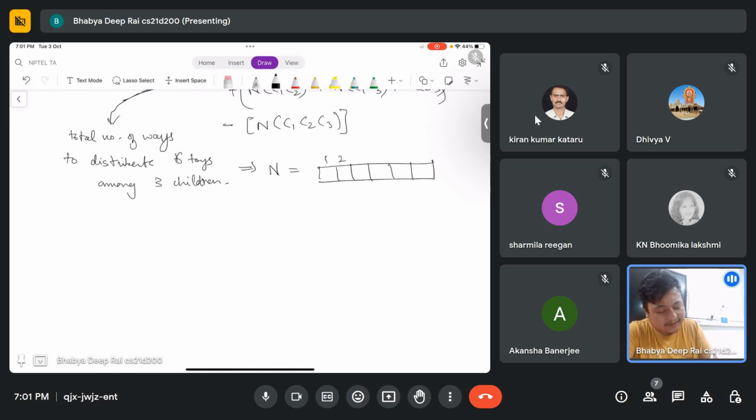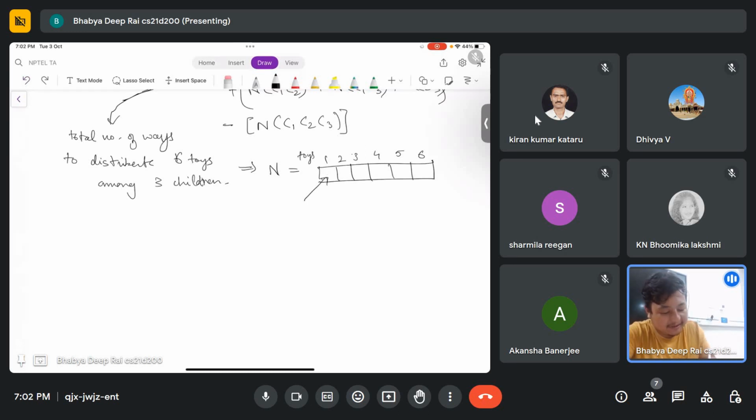So let us say these are toys: 1, 2, 3, 4, 5, 6. Now to each toy I can put a nameplate saying this toy will belong to child 1, this toy will belong to child 2, and so on. This belongs to child 1, this belongs to child 2, this belongs to child 1, this belongs to child 3, and so on. In how many ways can you do that?